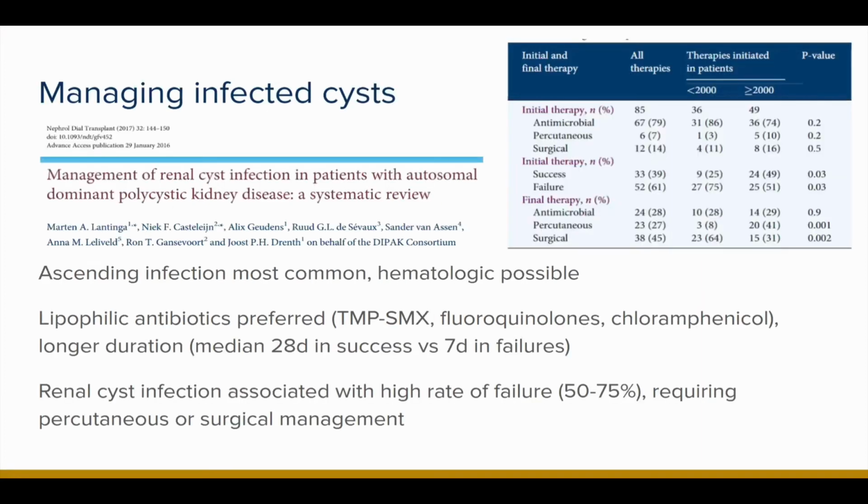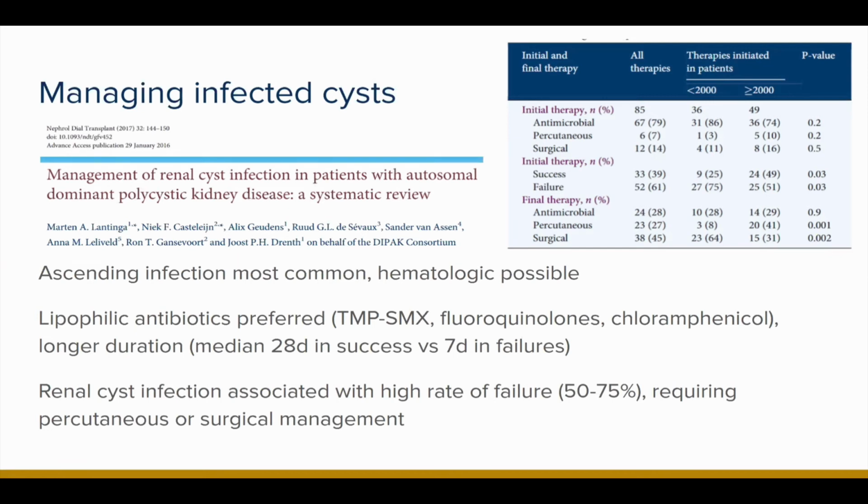Now, cyst infection can be a diagnostic and management dilemma for those involved. It can be quite difficult to diagnose. And cyst infections tend to be most commonly ascending from a urinary source, although some reports suggest hematologic is possible as well. They should be treated with lipophilic antibiotics so that they can penetrate the cyst.